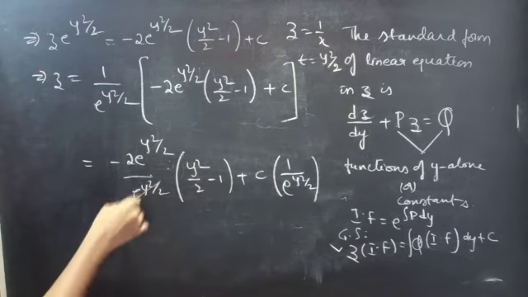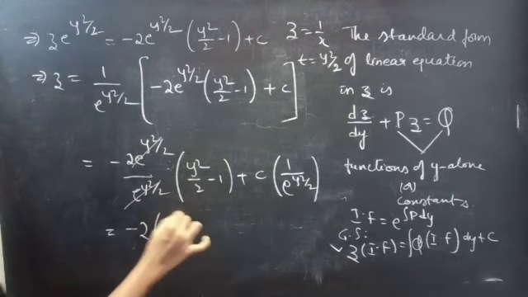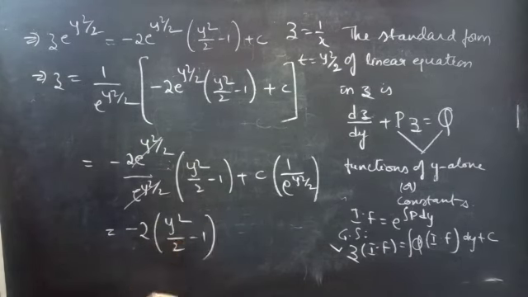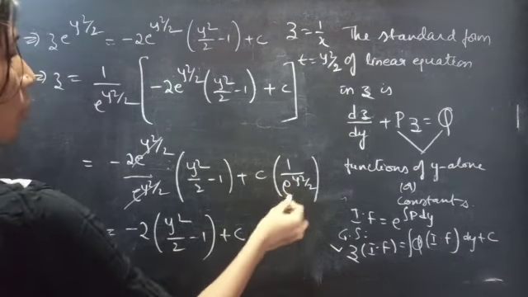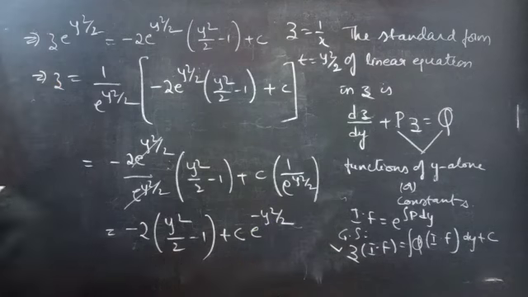Here e power y square by 2 gets cancelled from the first term, and you'll get minus 2 times y square by 2 minus 1, plus c into the reciprocal of e power y square by 2, which can be written as e power minus y square by 2, right?